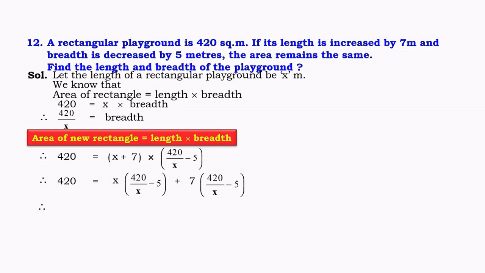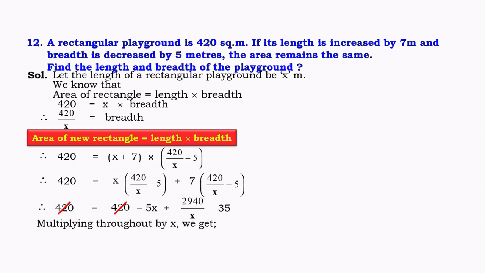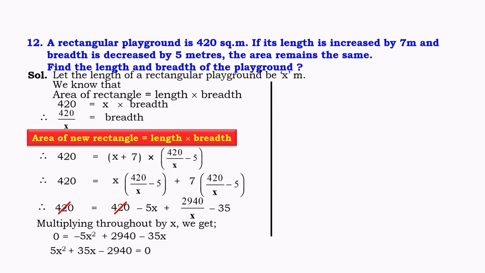After simplifying, 420 equals 420 minus 5x plus 2940 divided by x minus 35. The 420 on both sides gets cancelled. We are left with 0 equals negative 5x plus 2940 divided by x minus 35.